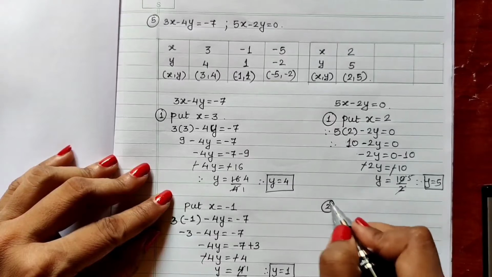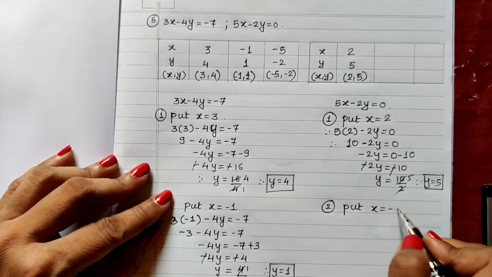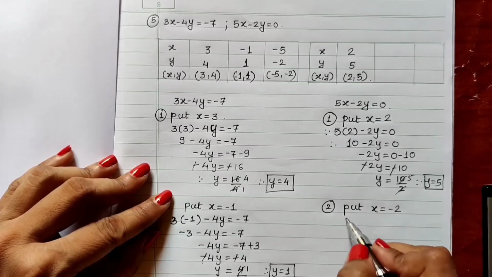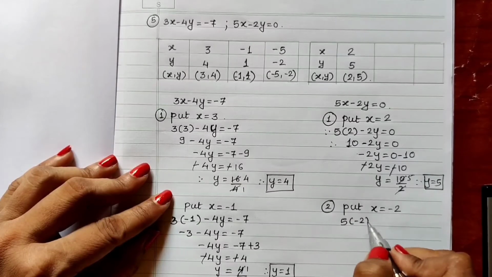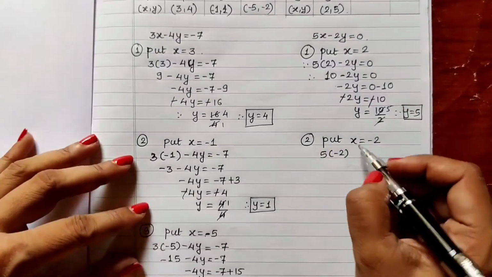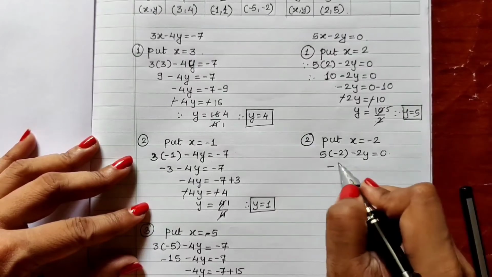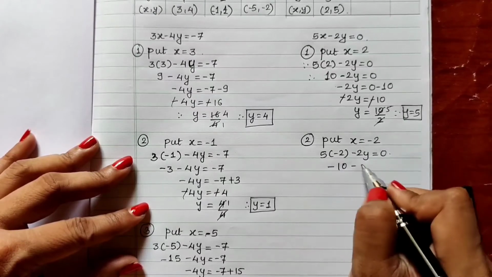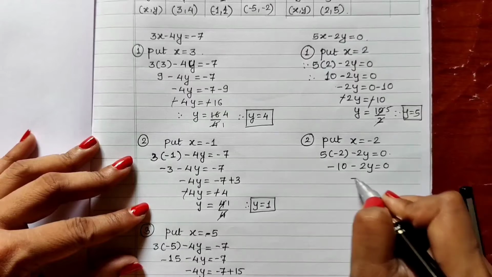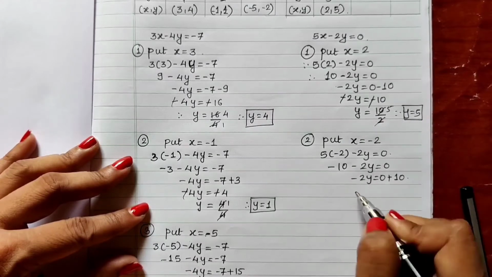Now second one, again I can put x is equal to minus 2 now. So 5 into minus 2, minus 2y is equal to 0. Minus 10, 5 2s are 10. Minus 2y is equal to 0. Minus 10 will be plus 10.